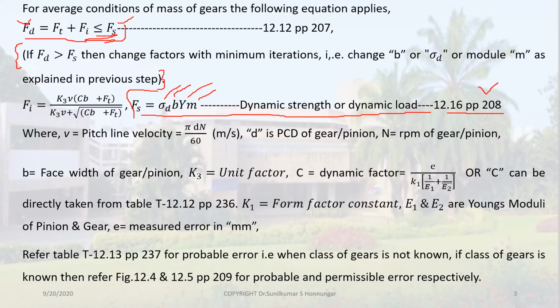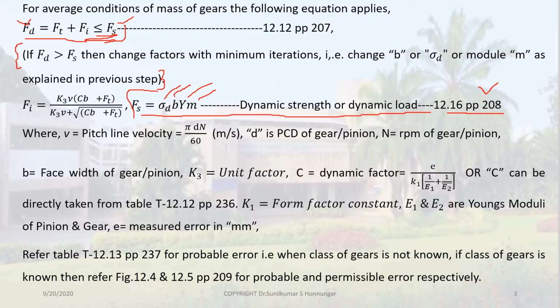Either you change B, the face width. Generally for a spur gear, it is in the ratio of 9.5 m to 12.5 m. Suppose you have taken that B value; if you have taken 10, you go for 11, 11.5, 12, and so forth.